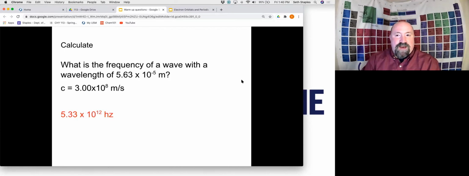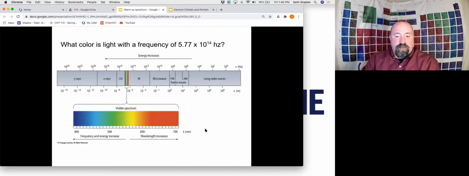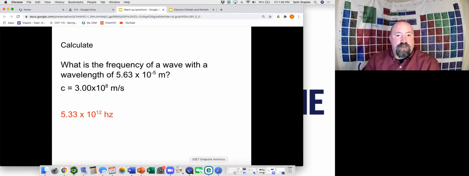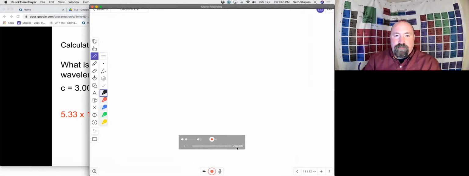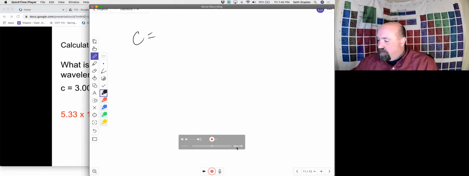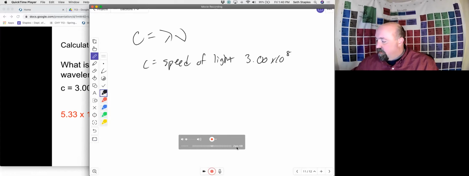Hopefully you came up with 5.33 times 10 to the 12th hertz. Let's take a look at that. Remember that we're using our light equation for waves: C equals wavelength times frequency, where C is the speed of light, a universal constant at 3 times 10 to the 8th meters per second.